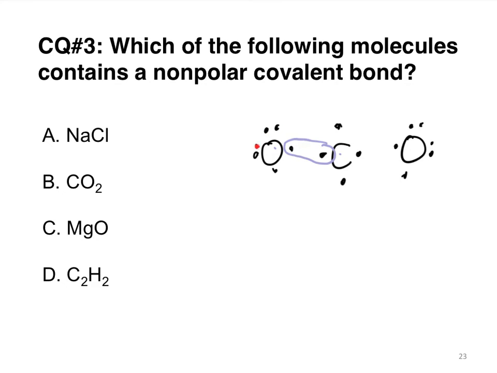Oxygen has 1, 2, 3, 4, 5, 6, 7. Why 7? Because they're sharing these 2. Carbon has 1, 2, 3, 4, 5. Why 5? Because it's sharing these 2. Now, it could also share these 2, right? This same pair of atoms can share these 2.